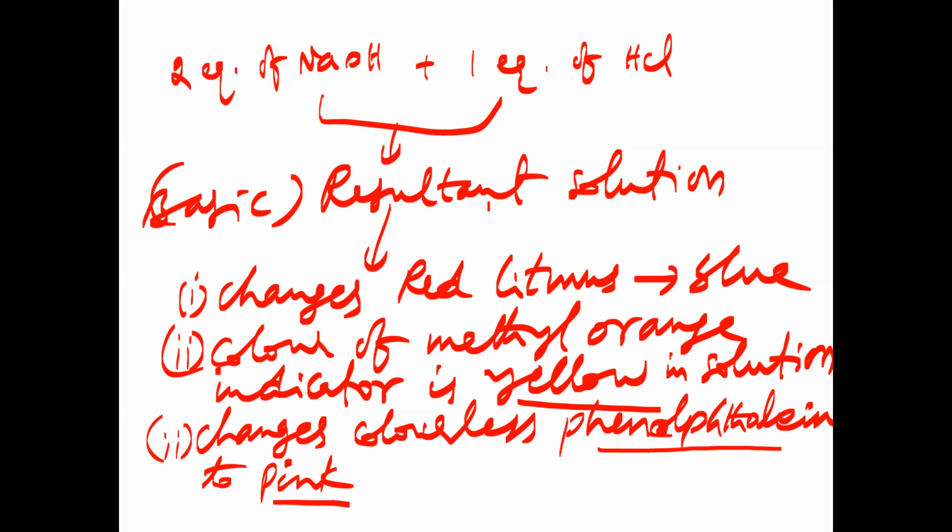So this basic solution formed changes red litmus into blue, the color of methyl orange will be yellow in this solution, and the basic solution changes colorless phenolphthalein into pink color. So remember this like this: PBP.